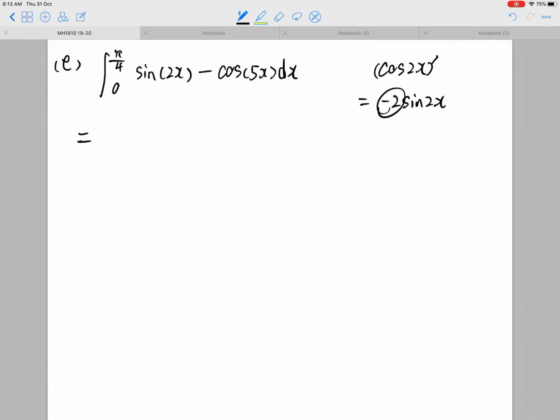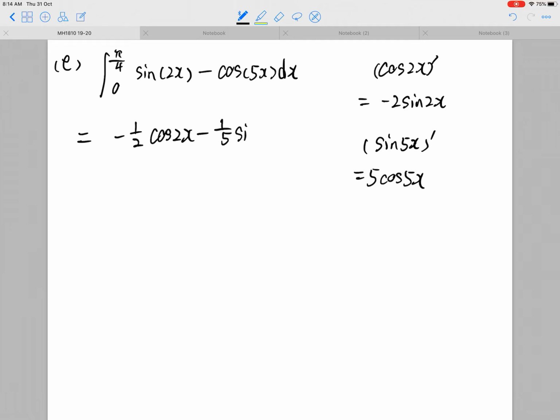So in order to change this negative 2 to 1, you have to multiply negative half in front, right? Negative half cosine 2x, and minus the second part, sine 5x's derivative is 5 cosine 5x, right? So you have to multiply 1 over 5 in front. Okay, from 0 to pi over 4.